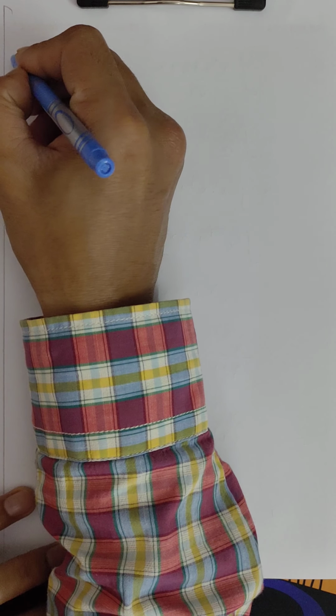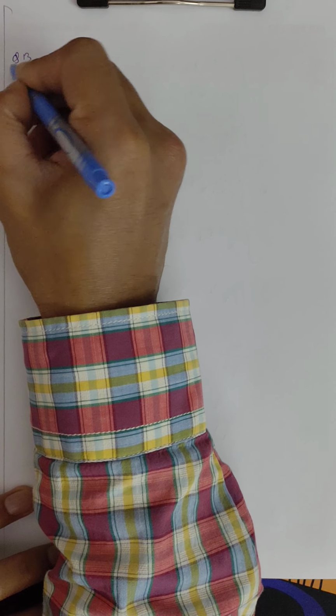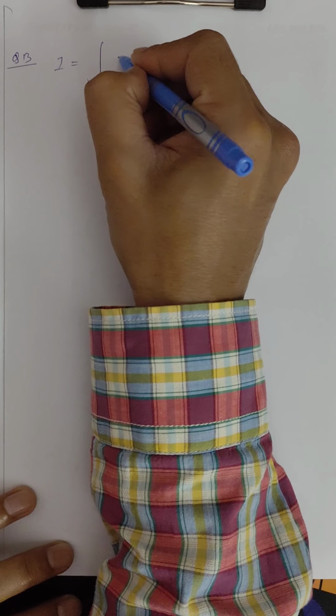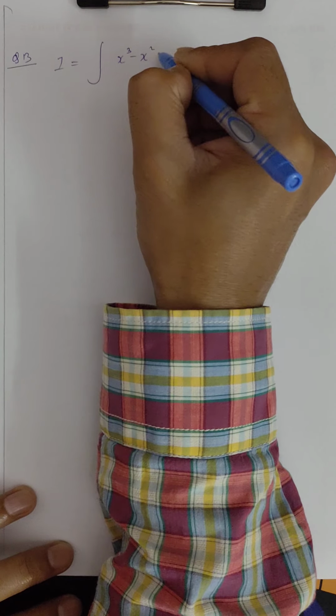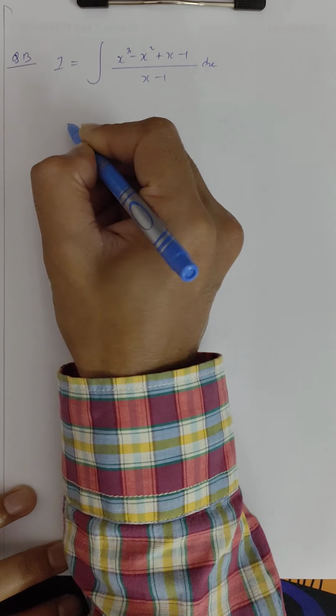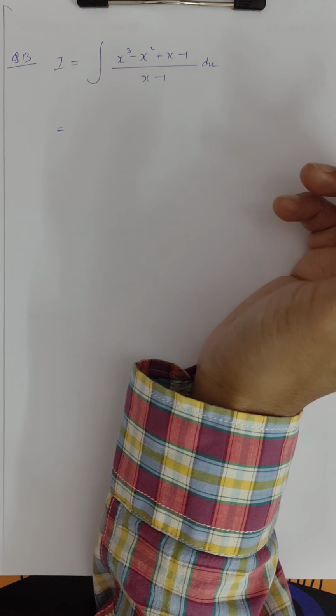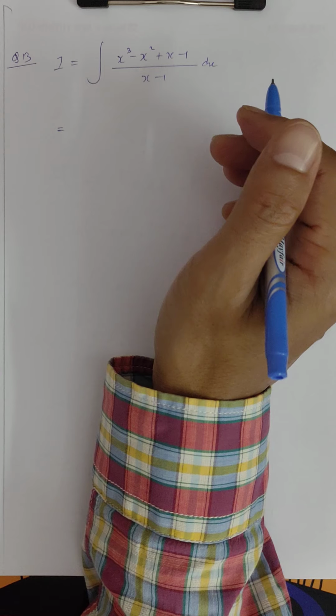I'll just do it on the other side. That will be question number 13. That is I equal to integration of x cube minus x square plus x minus 1 divided by x minus 1. Don't just blindly start doing it, okay? Take a moment, see if you can simplify it or not.